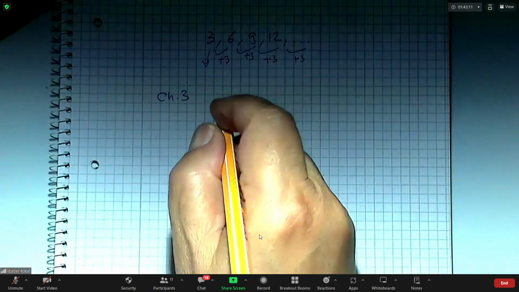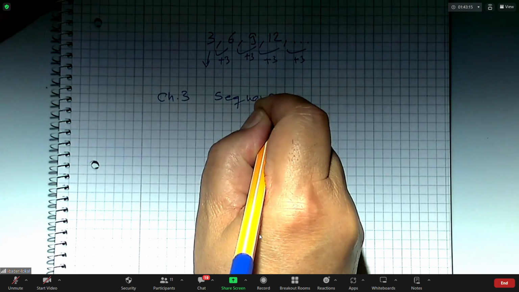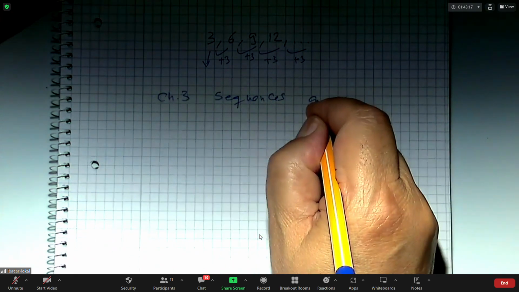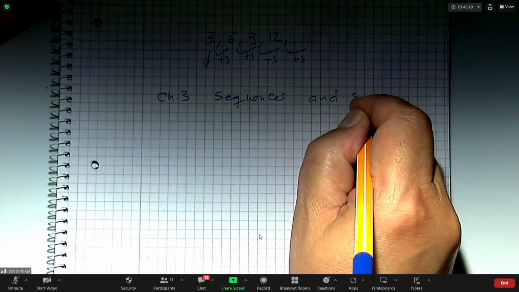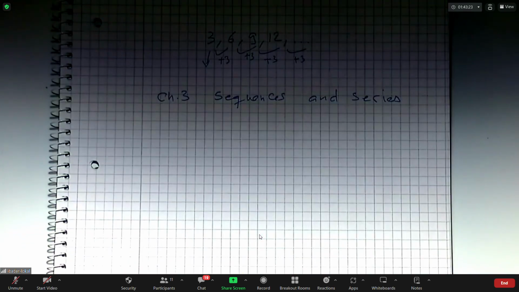Okay, now in this chapter, chapter 3, we will talk about sequences and series. We will define them in short. Now, what is a sequence? You just had an example. It's, if you like, a set of numbers.